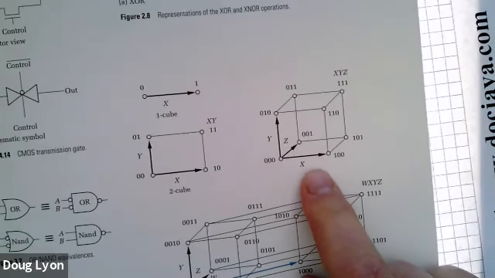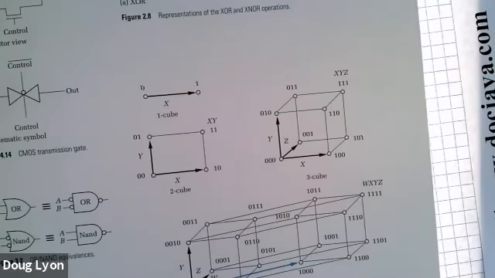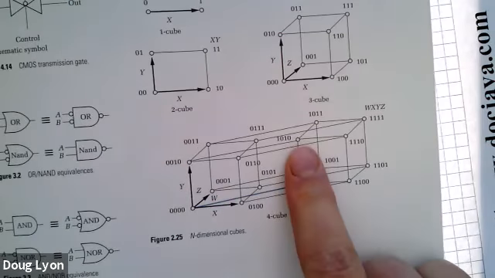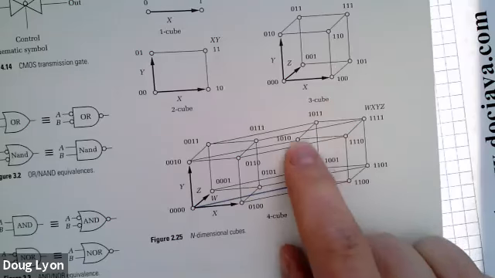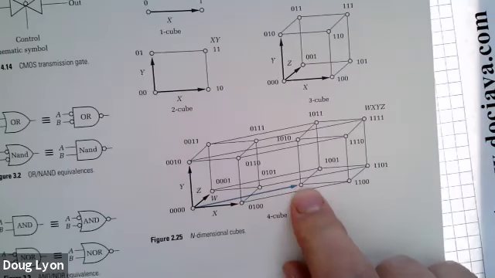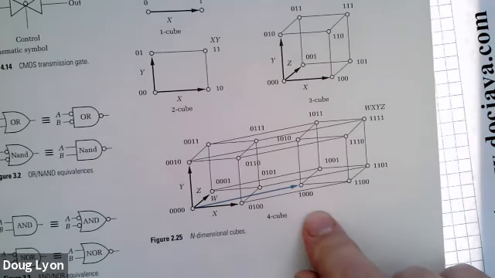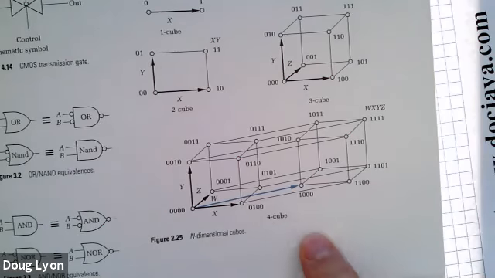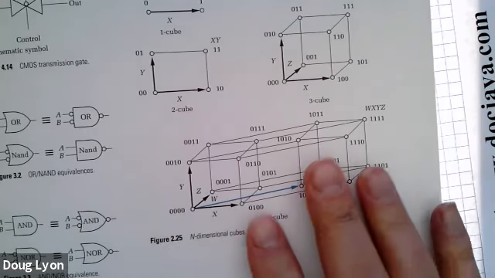And you can do the whole thing in 4 dimensions. And that creates the so-called 4 cube. And the 4 cube can be extended to a 5 cube, but the problem is I can't draw it. It's hard, and it's not in the book either.